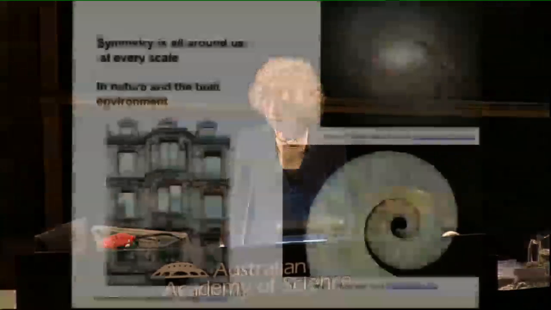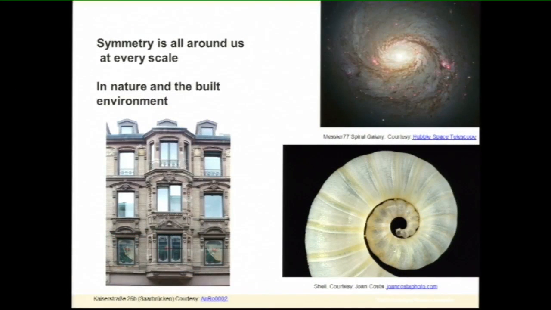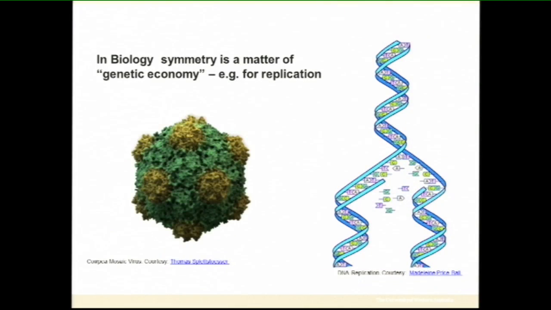Symmetry is all around us at every scale, from the vast spiral galaxies that Ken told us about earlier today, through to the tiniest spiral shell. In nature and also in the built environment, we see beautiful symmetry in architecture and in other areas of science.